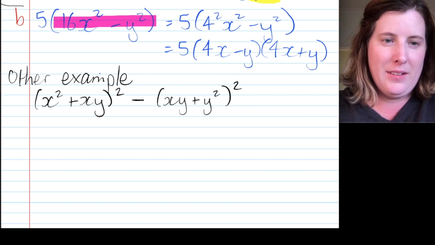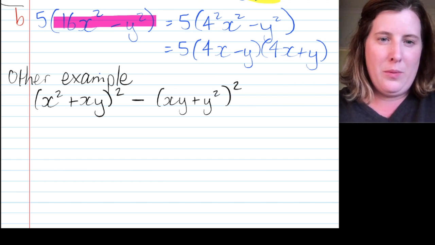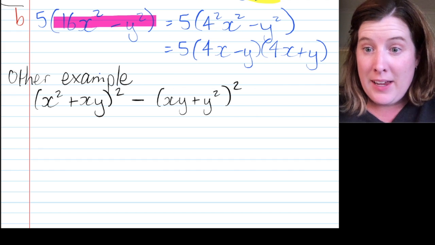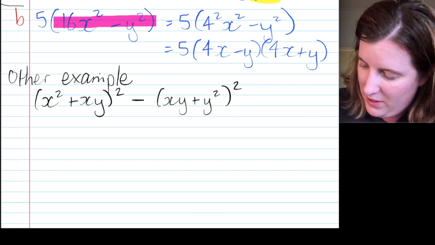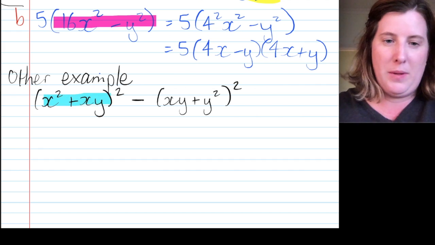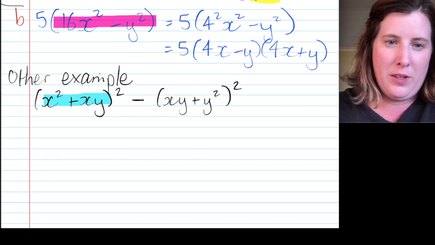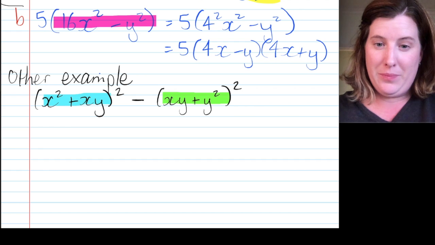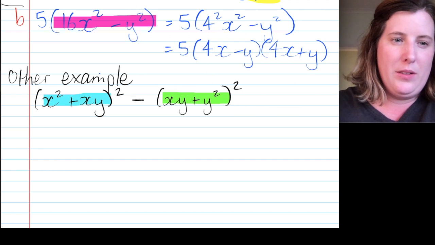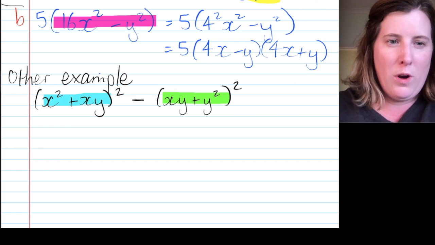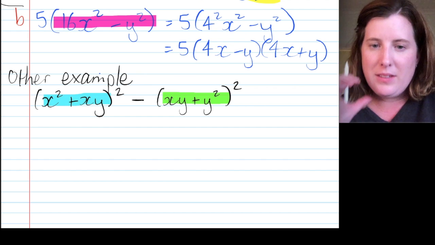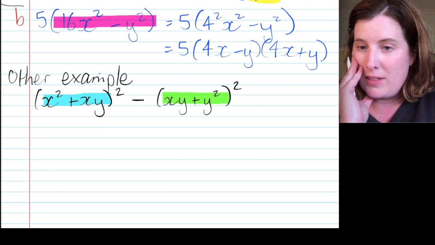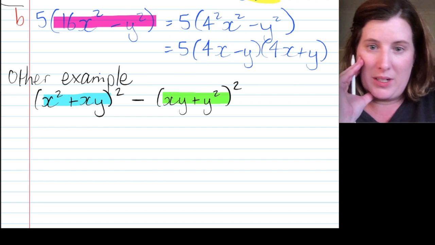Here, when we normally think of a squared take b squared, this whole thing in the brackets is my first term that's been squared, and this is my second term that's been squared. So what we're going to end up with is the first term minus the second term, first term plus the second term.